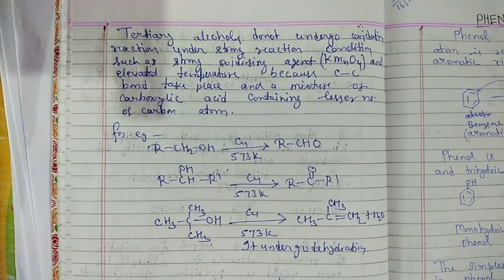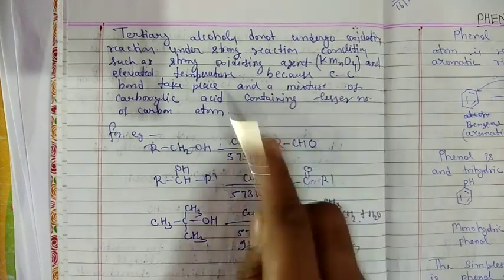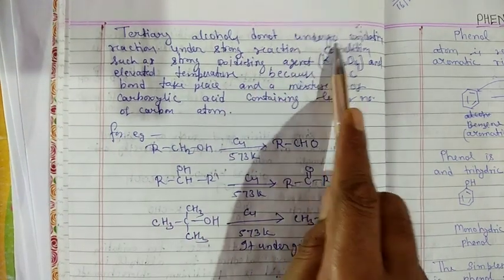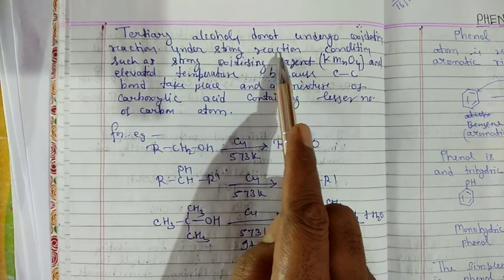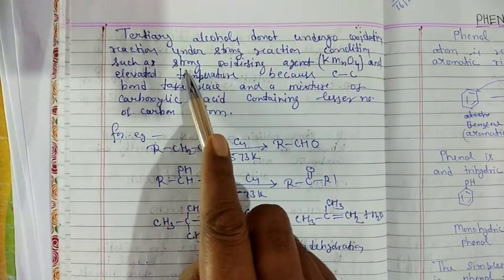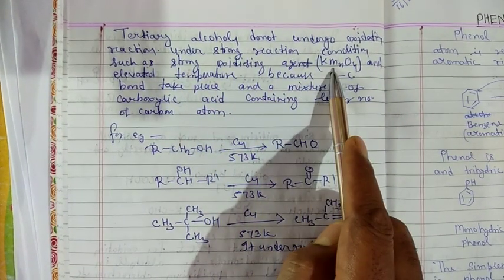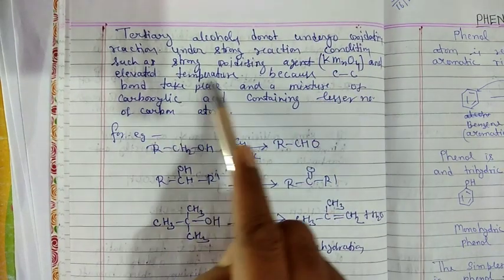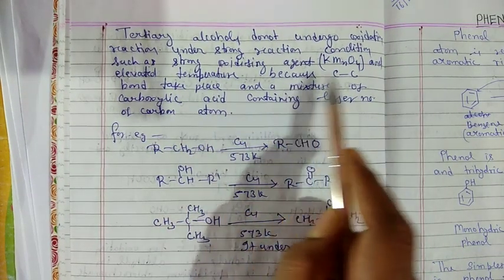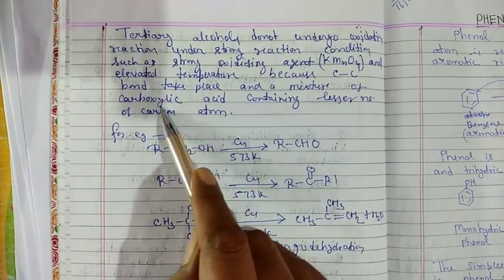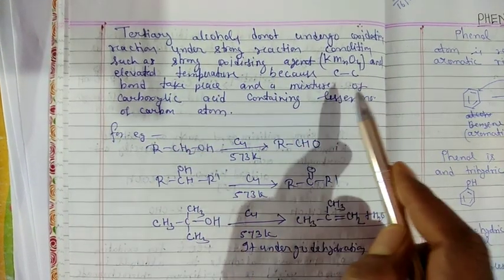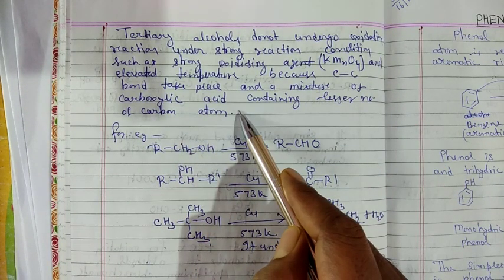Tertiary alcohols do not undergo oxidation reaction even under strong reaction conditions such as a strong oxidizing agent like KMnO4 and elevated temperature. Why? Because carbon-carbon bond cleavage takes place and a mixture of carboxylic acids containing a lesser number of carbon atoms forms.